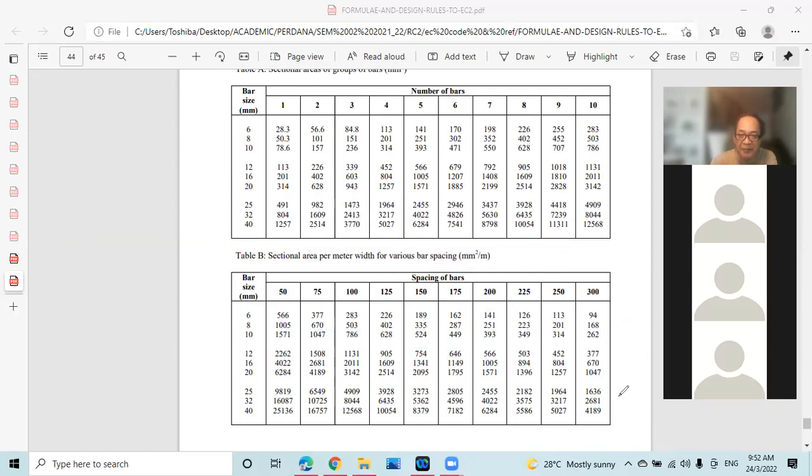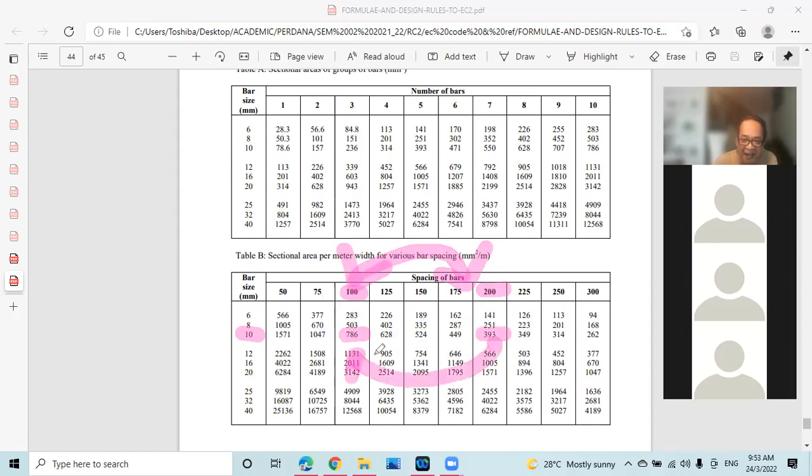So how do we calculate the area? If we look in detail, let's take an example. 10 mm at 100 spacing, compared with 10 mm at 200 spacing. The spacing is double. Okay? The spacing is double. We look at the area here and the area here.